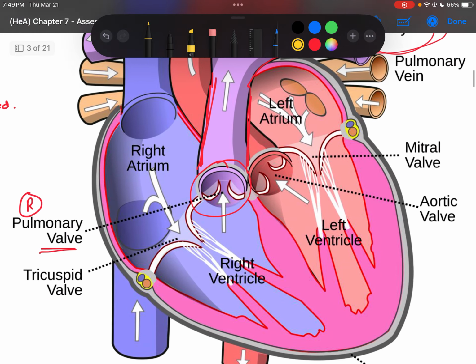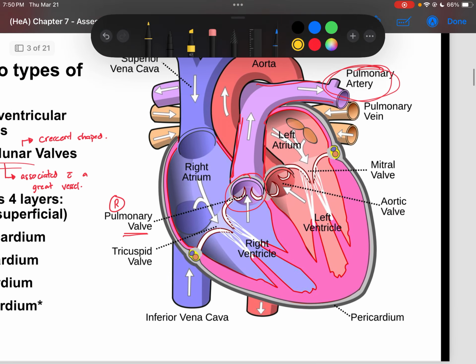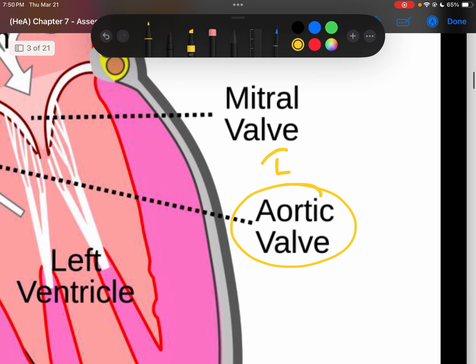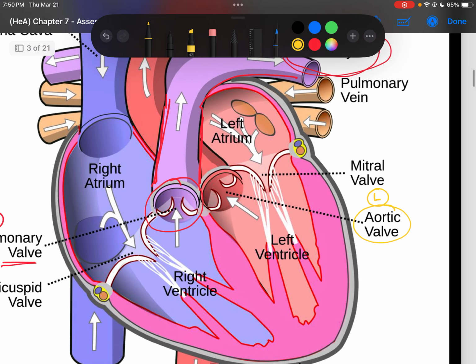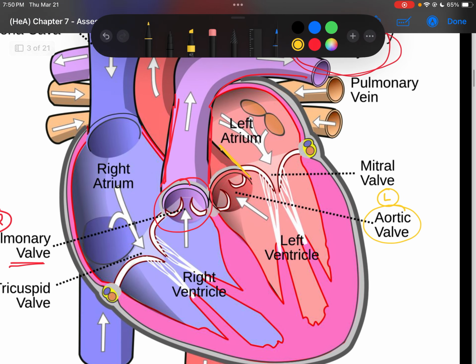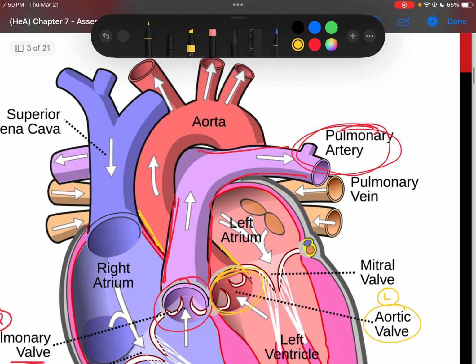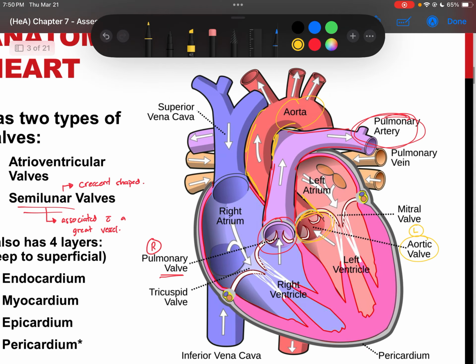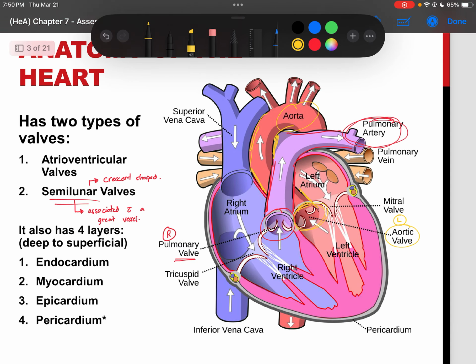The next semilunar valve is our aortic valve. Our aortic valve is found at the left side of the heart. If you can see here, this one in yellow. And it is associated with what we call our aorta.